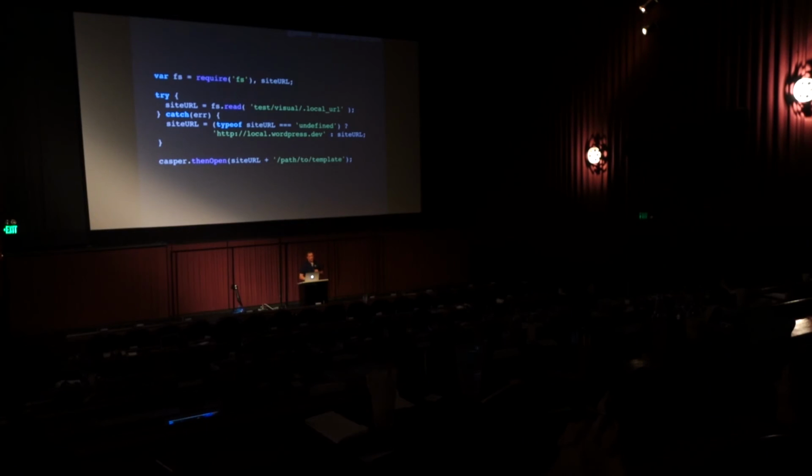So for example, we require the file system because we need to read to see if that file is there, and then we require the site URL out of there. So you try to see if the file system can read that file, and if not, you have a fallback. My fallback is local.wordpress.dev, and if that's where my site is, great.